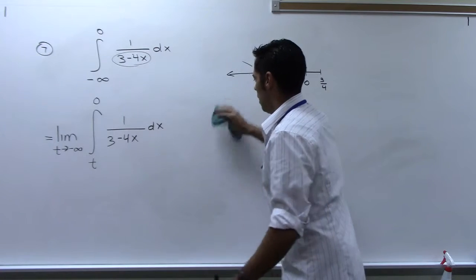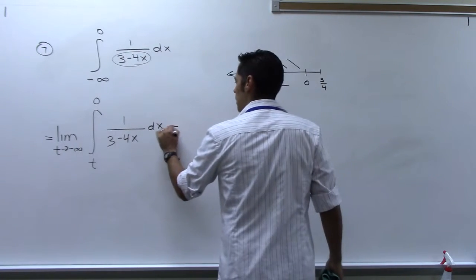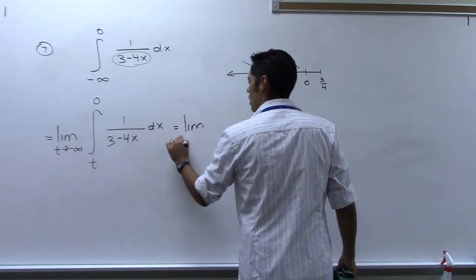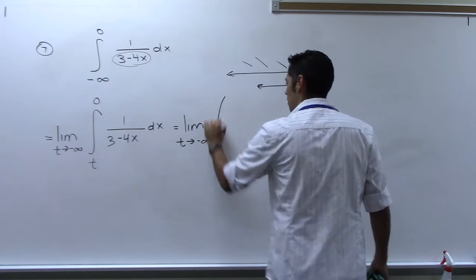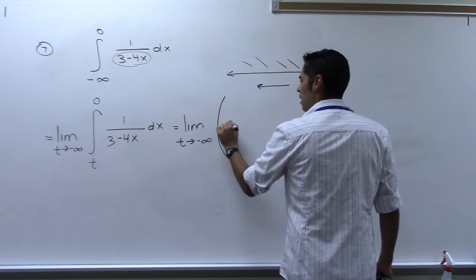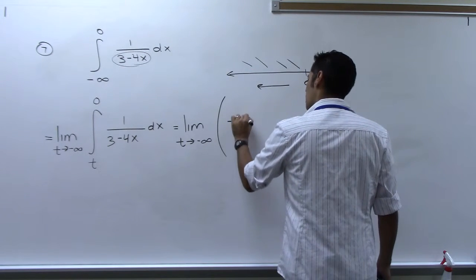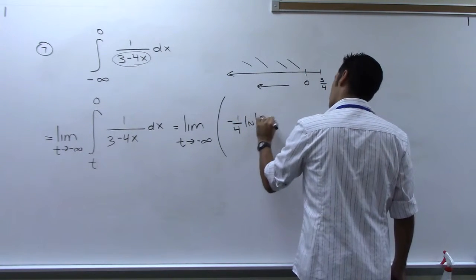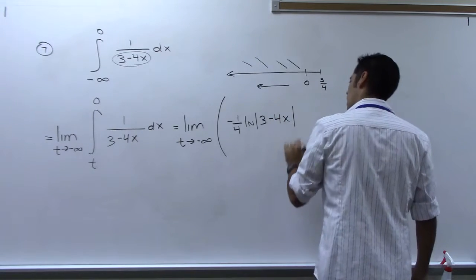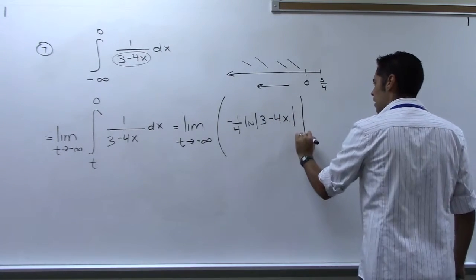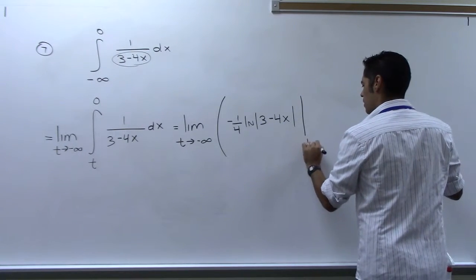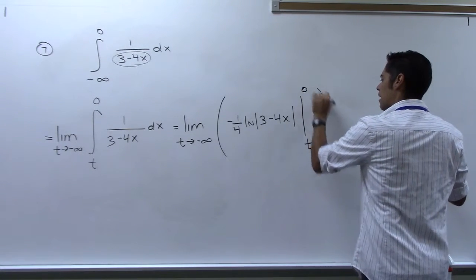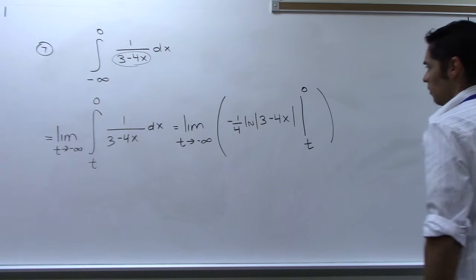So again, I'm not going to show that. But this will be equal to the limit as t goes to -infinity of, now, here's my antiderivative. It's -1/4 natural log of 3 minus 4x, and then evaluated from t to 0 like that.